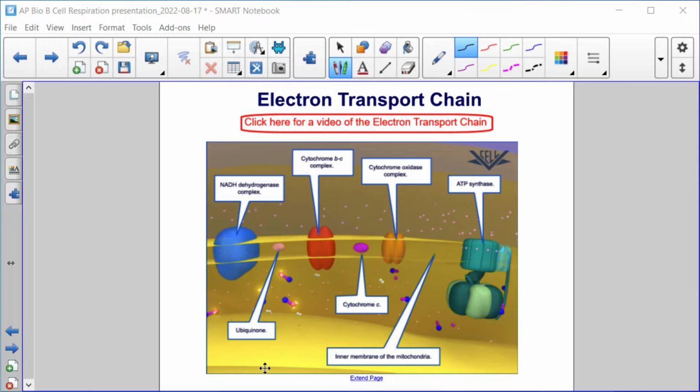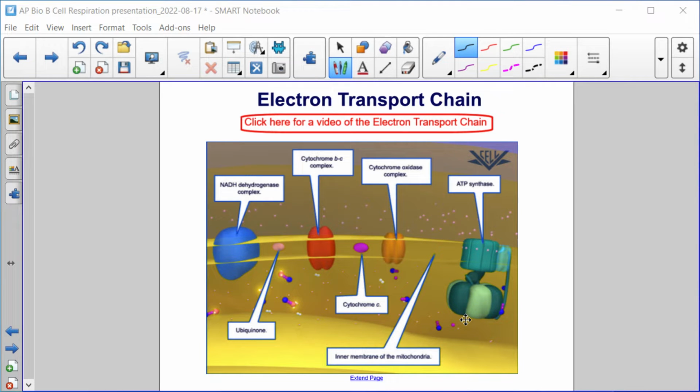And when they do, they're transferred through each of these protein complexes. Coupled with this transfer is the pumping of hydrogen ions. This pumping generates the gradient used by the ATP synthase complex, which we see here, to synthesize ATP.